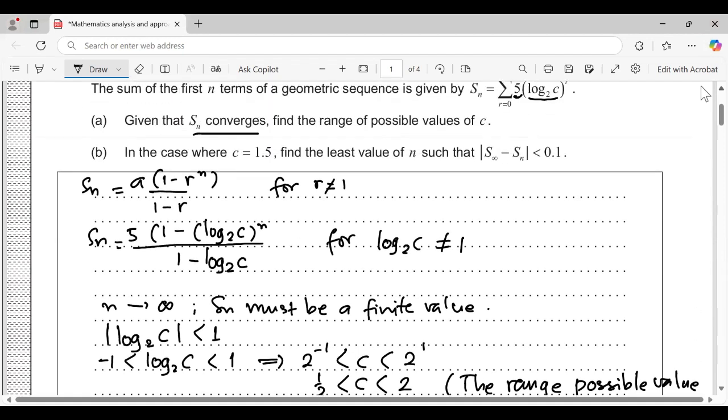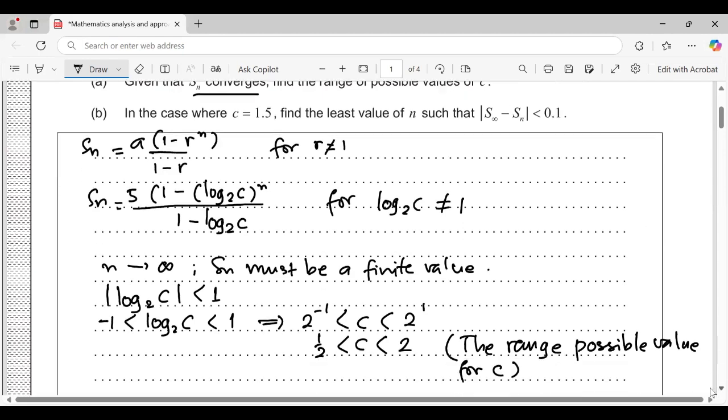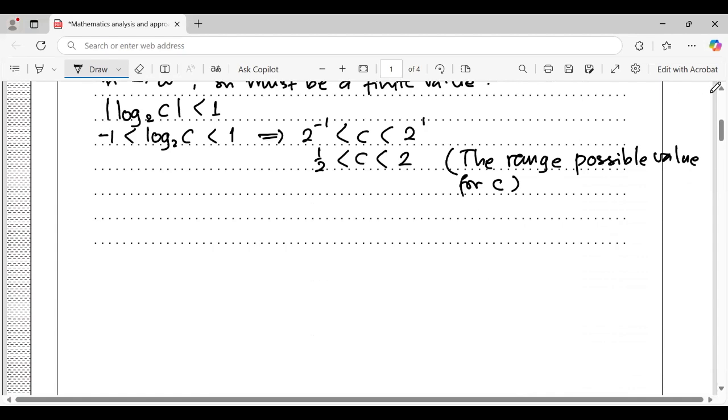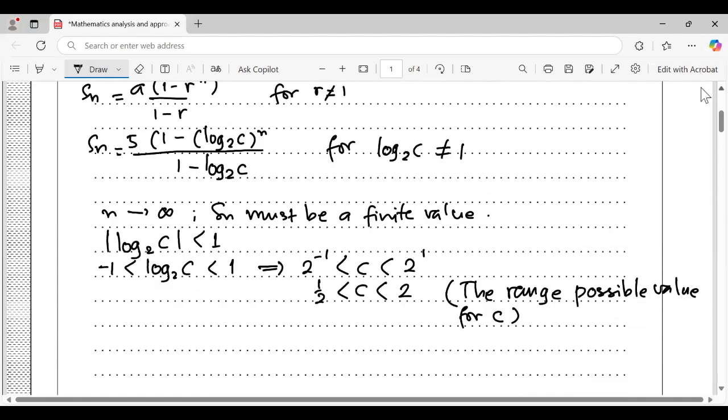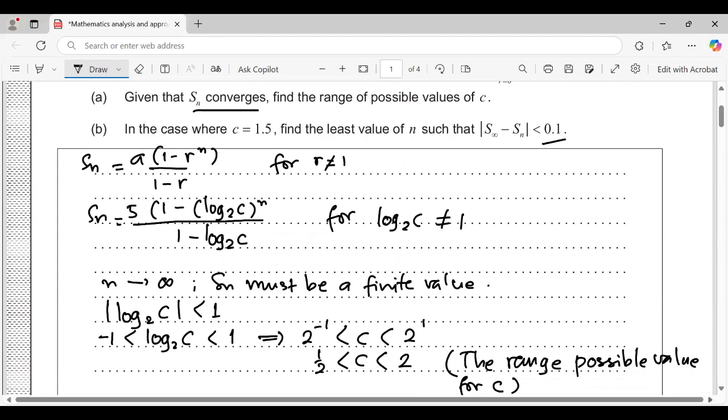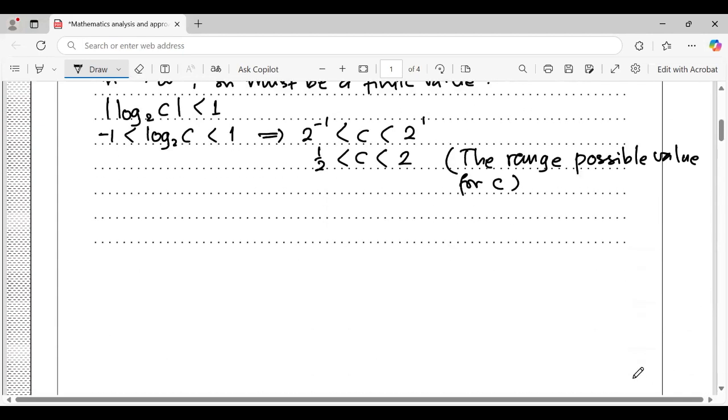Next question. In the case where C equals 1.5, find the least value of n such that modulus S infinity minus Sn is less than 0.1. Sorry, 0.1, not 0.01. All right. I'm going to find it one by one.